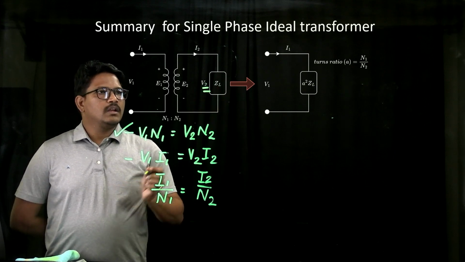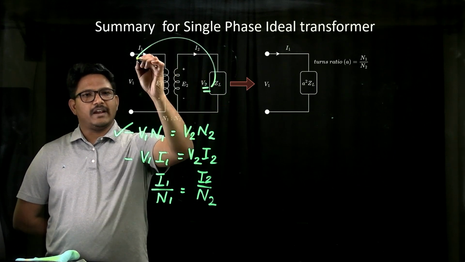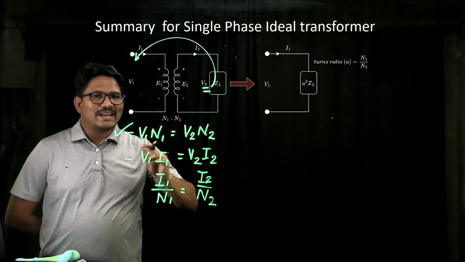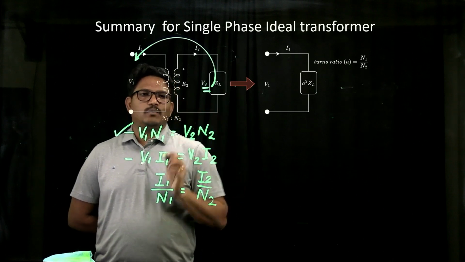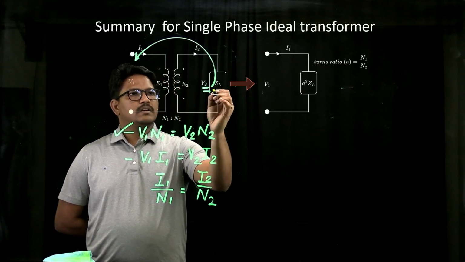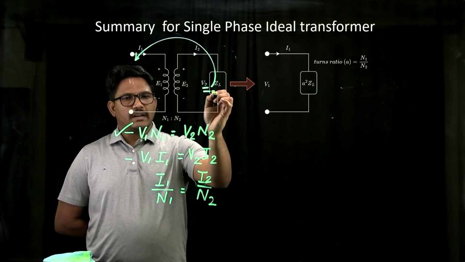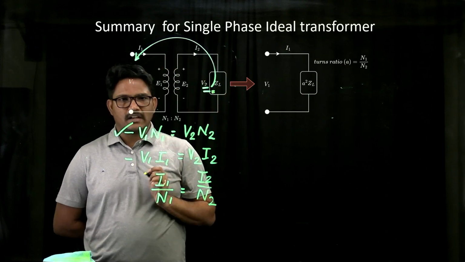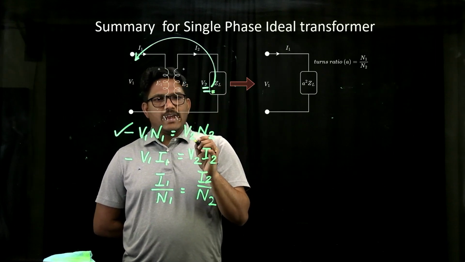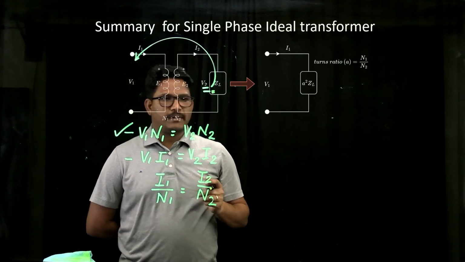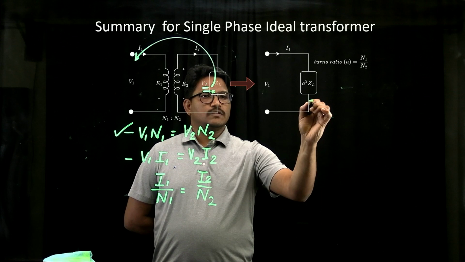Now, if you wanted to have a simplified representation of this equivalent circuit, the load impedance that we have here can be brought on to the primary side by properly adjusting the value of that impedance. We want to simplify this particular equivalent circuit and represent the total load impedance onto the primary side of the transformer itself. Then this load impedance can be referred to the primary, that is using this equation.